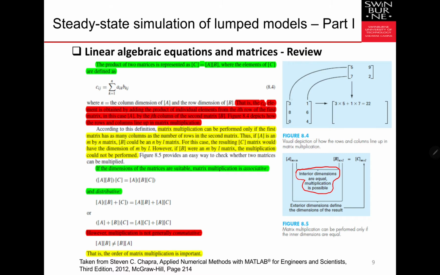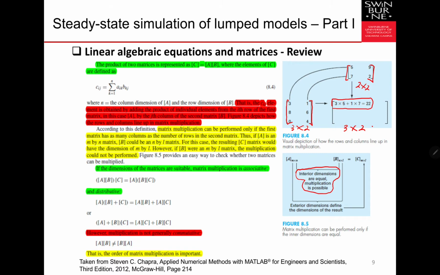In this example, if we multiply a 3 by 2 matrix with a 2 by 2 matrix, the product should be 3 by 2. The element in row 1, column 1 will be 3 multiplied by 5 plus 1 multiplied by 7.